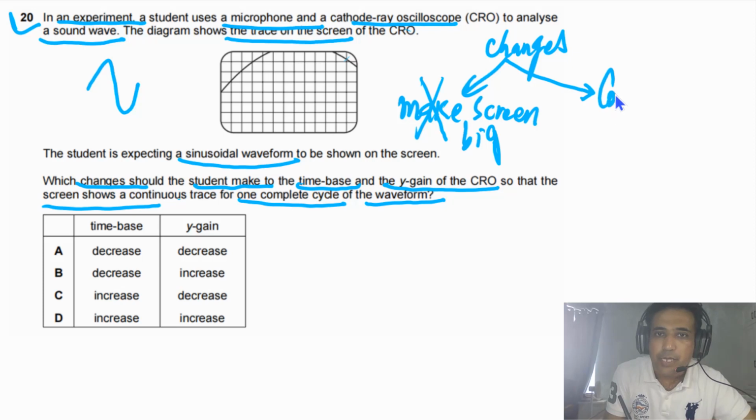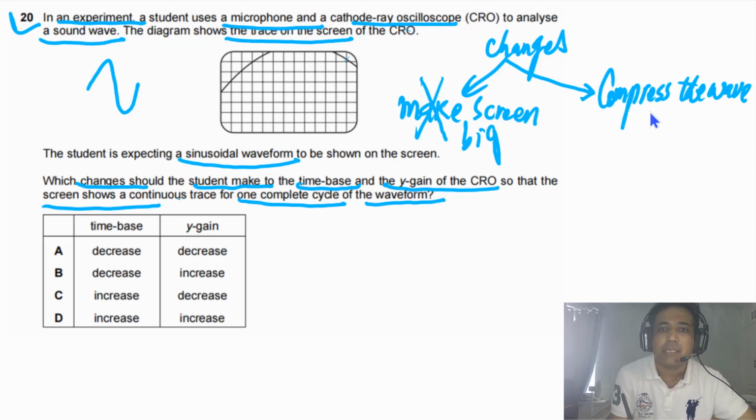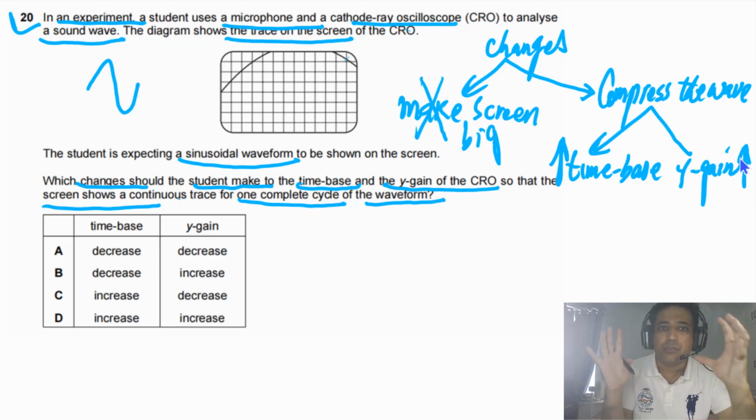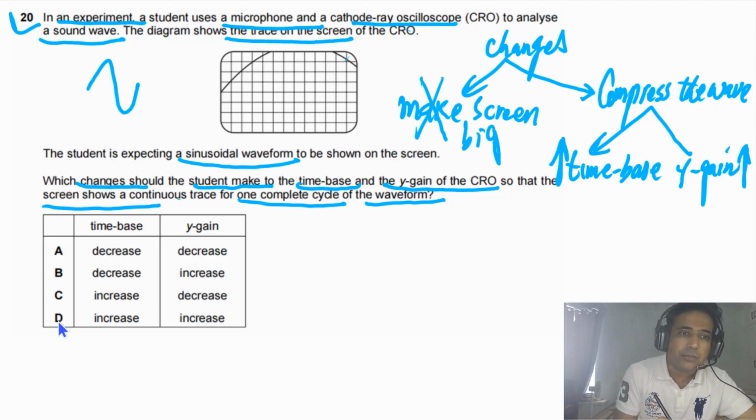If we compress, we have to increase the time base, and we also have to increase the Y gain. So in this way we can compress the wave. So for this question, simply the answer has to be D.